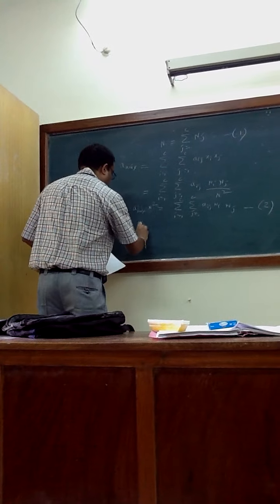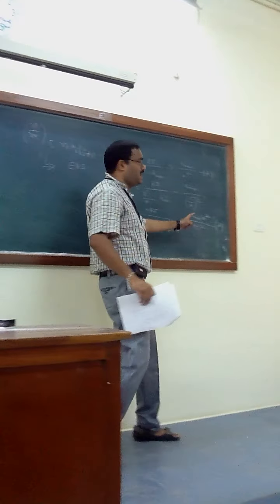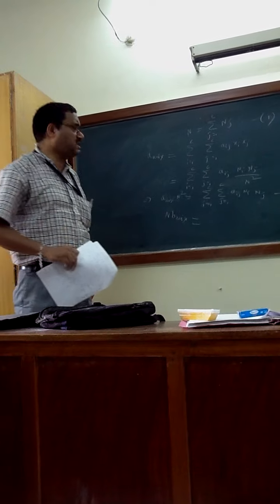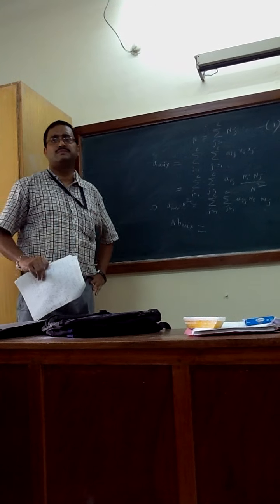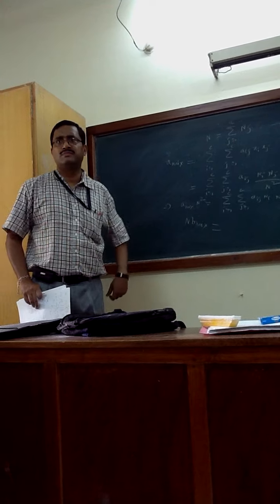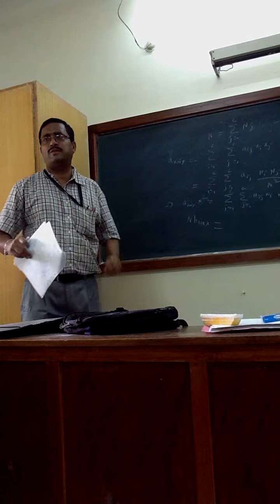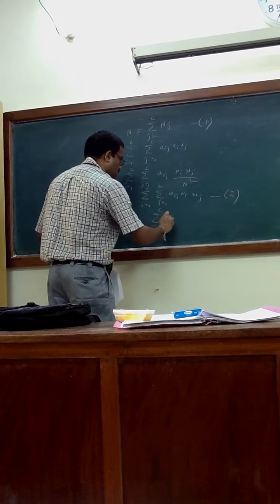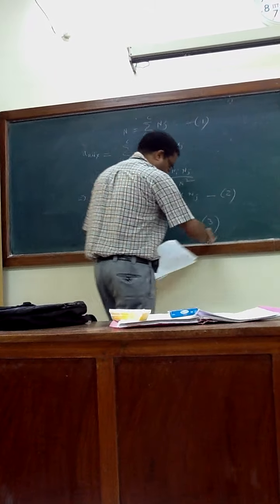Similarly, what will be the N B mix? A mix N square is obtained directly, which is the double summation Aij Ni Nj. N B mix will be in terms of extensive variables: summation j equals 1 to C of Bj Nj, equation number 3.